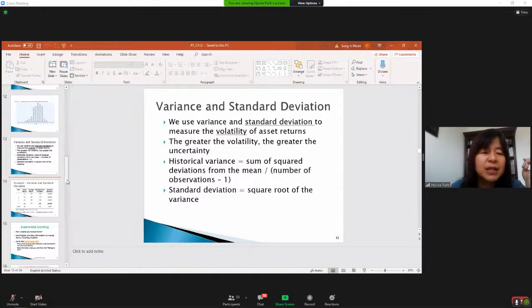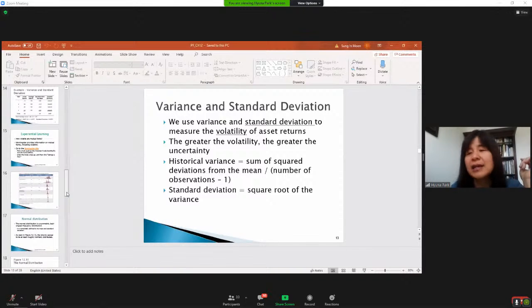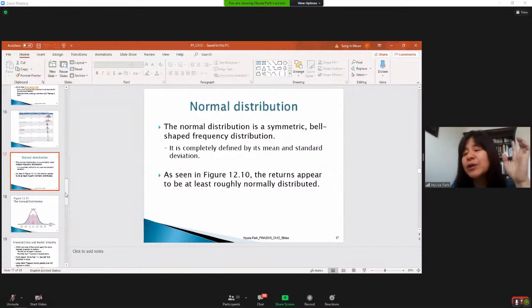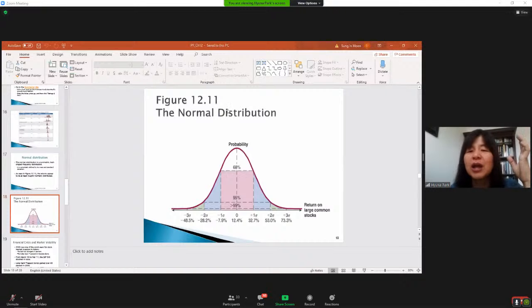You should be familiar with how to do the calculation for standard deviation and why we are using standard deviation to measure risk. This is based on the normal distribution.